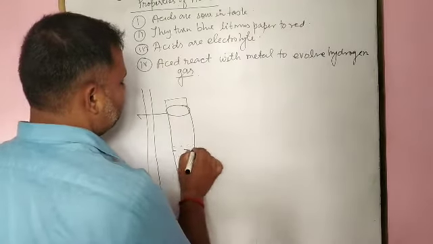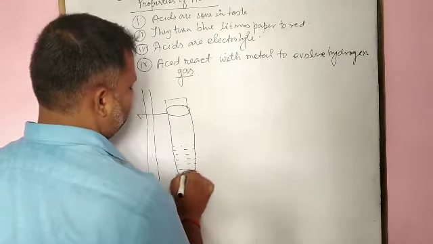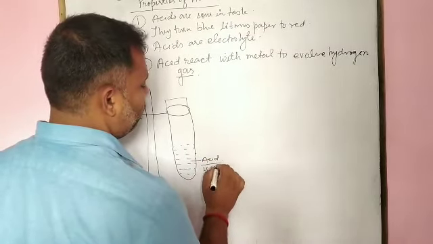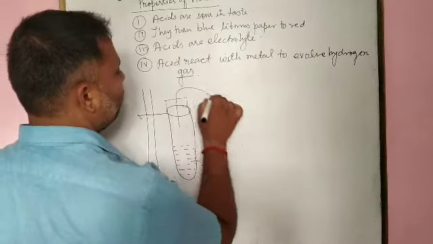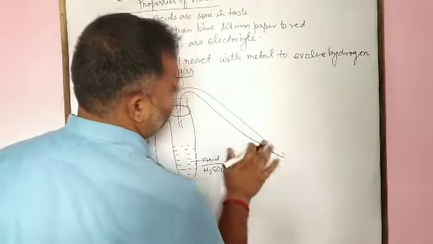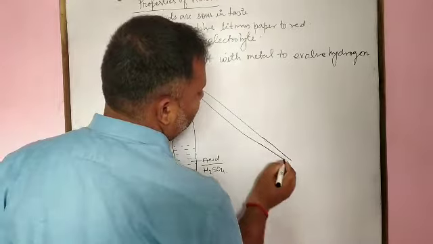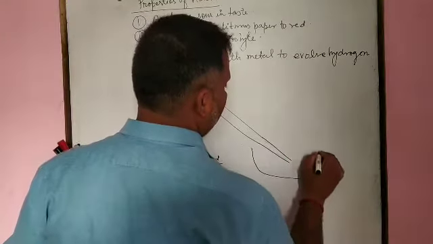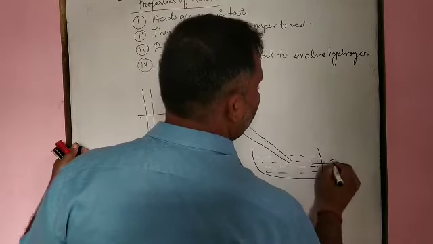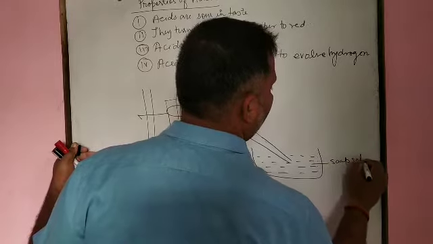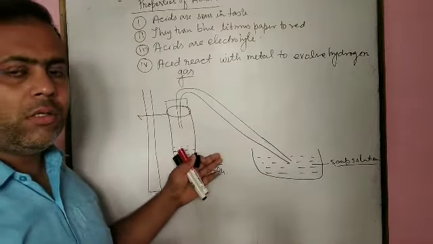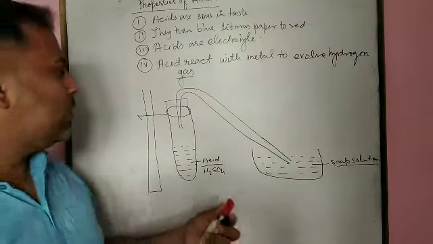We place acid solution into it. Let us take sulfuric acid, H2SO4. We have a delivery tube which is placed in a container having soap solution. Let us take a metal such as zinc.